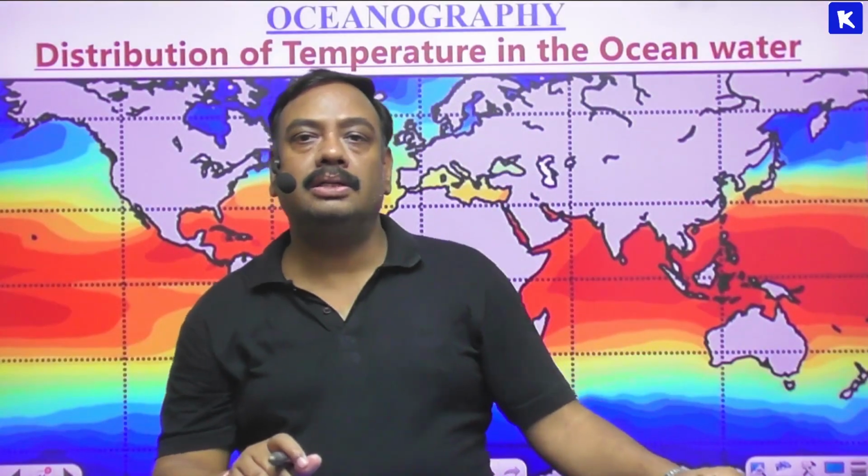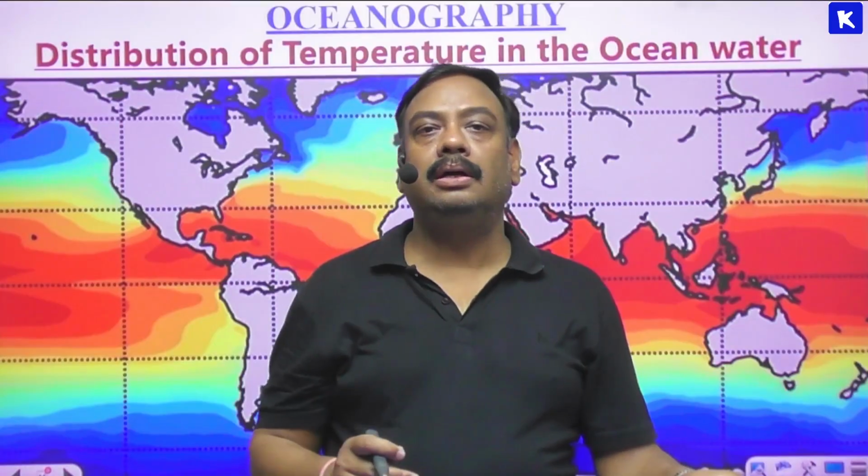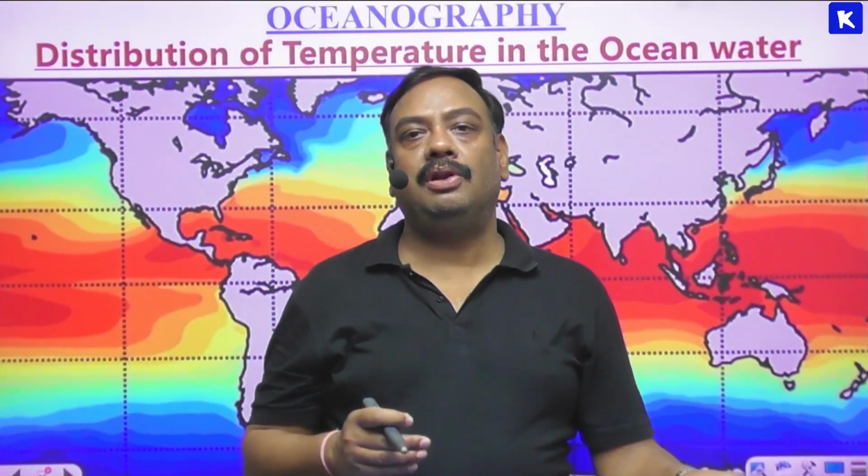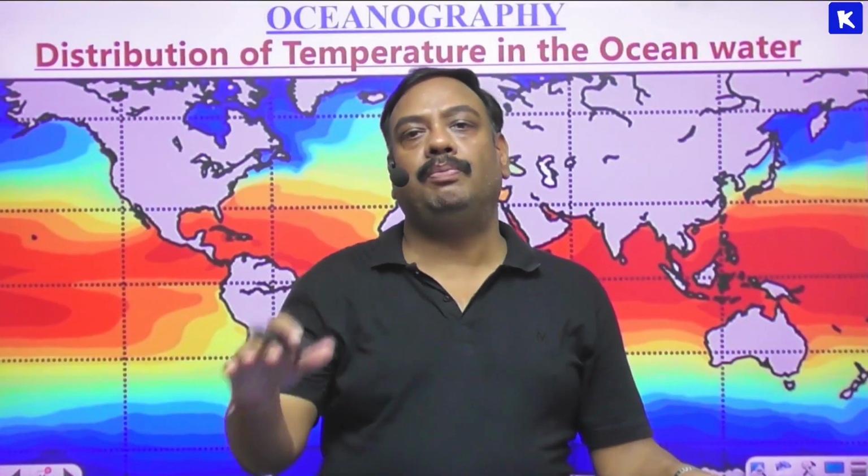Vertical distribution means the distribution of temperature from the sea surface up to its bottom. And horizontal distribution means we see the distribution of temperature from the equator towards the poles, that means in reference to the latitudes. So one by one I am going to discuss these two sections, vertical distribution and horizontal distribution.